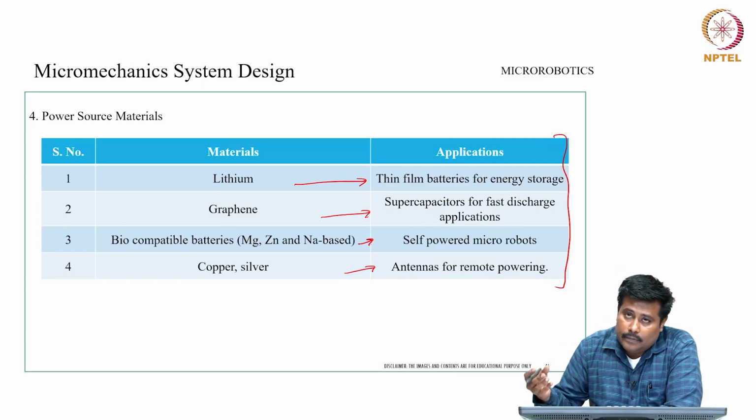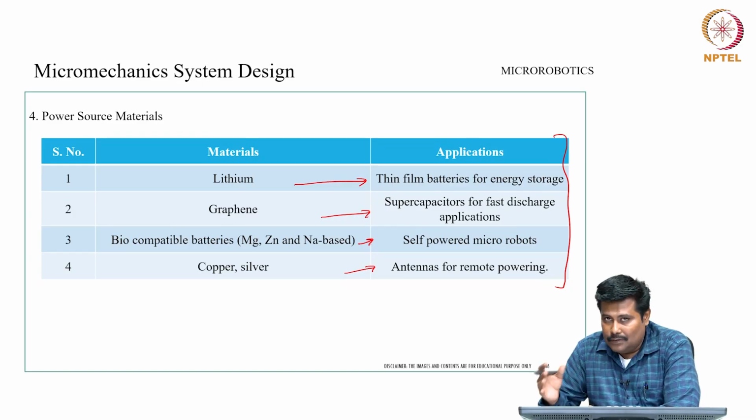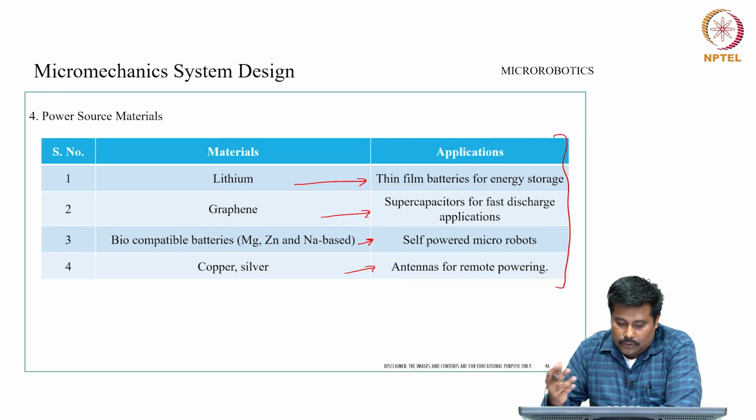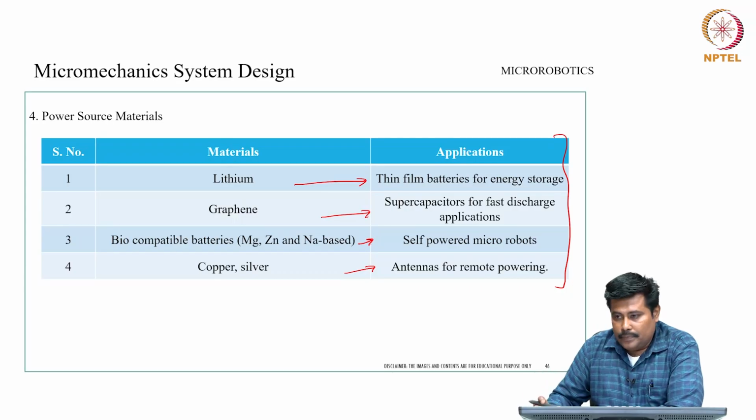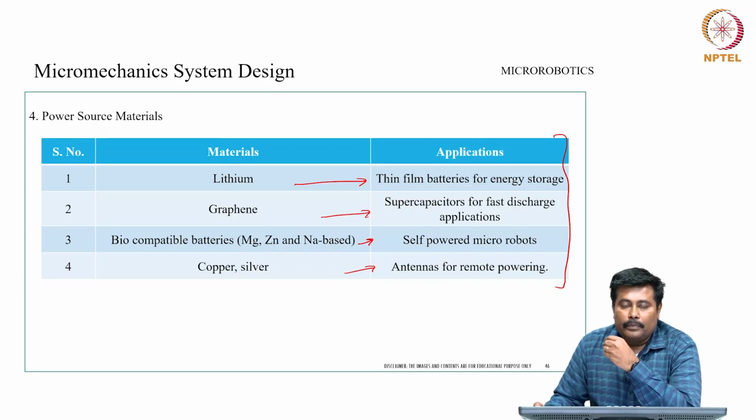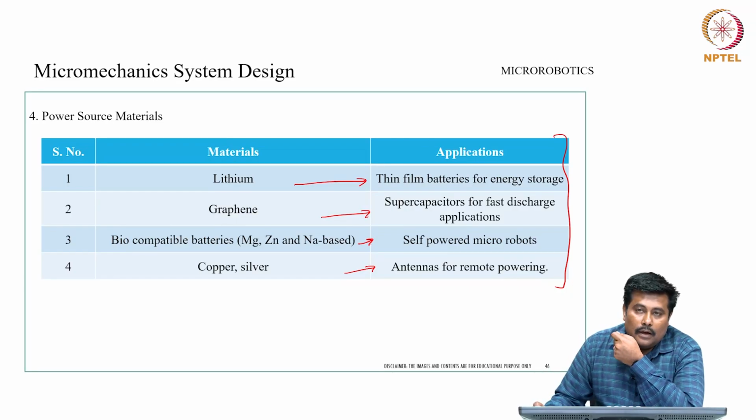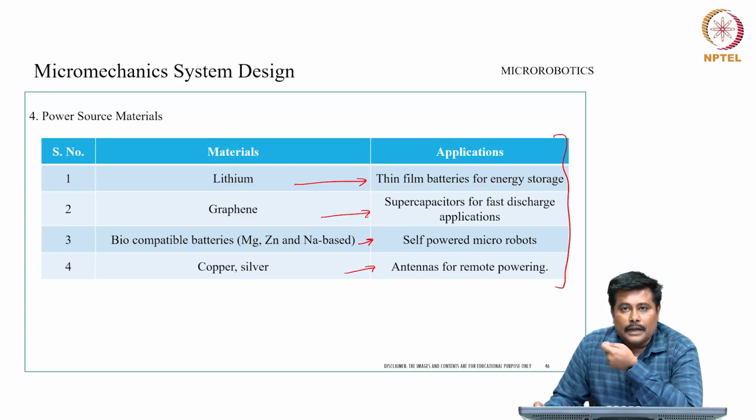Sometimes these are developed based on the requirements or the functionality. For developing all these power source materials, microfabrication plays a vital role. In most thin film battery related applications, people use a sputtering technique, an e-beam based technique, and lithographic techniques to fabricate such power source materials, making them compatible for micro robotic applications.